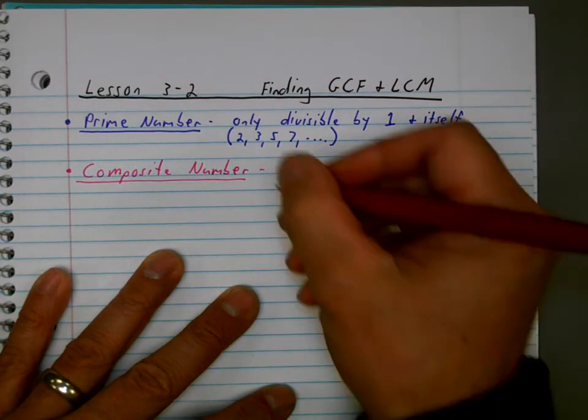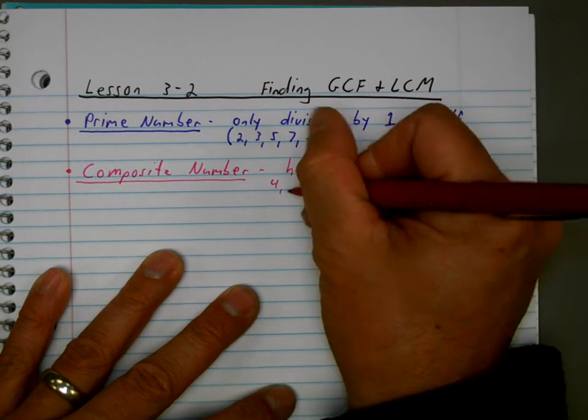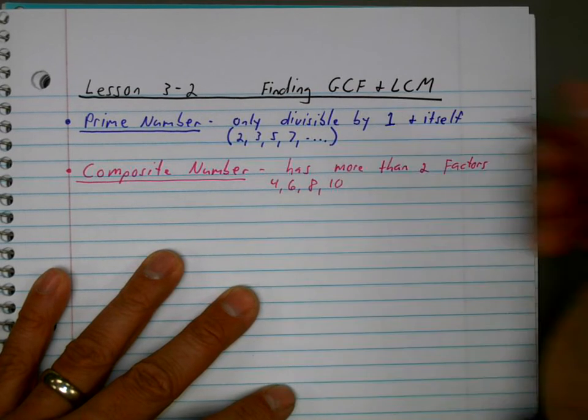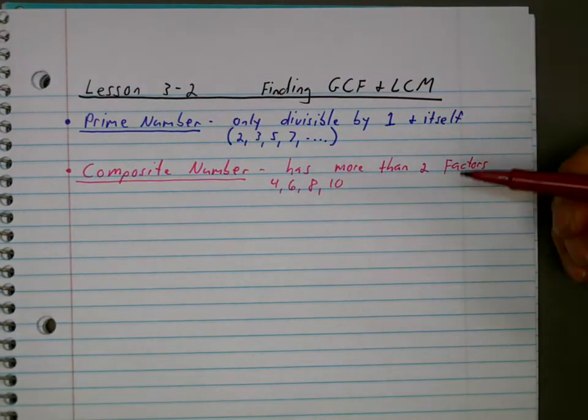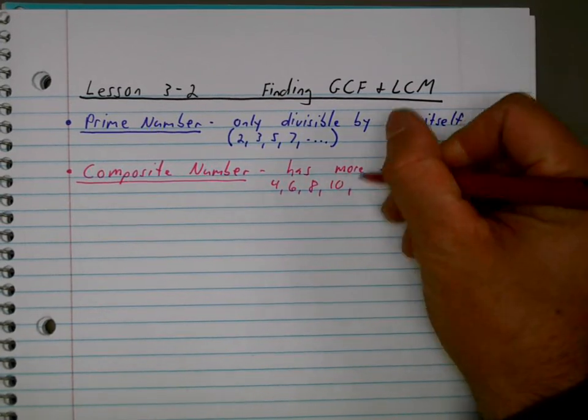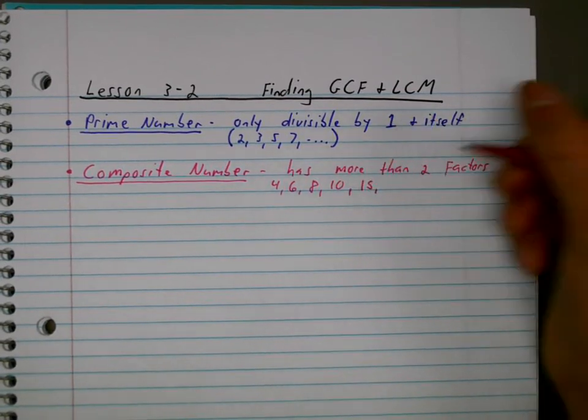So examples of that would be 4, 6, 8, 10, and so on. They don't have to be even numbers. For example, 15 is a composite number.